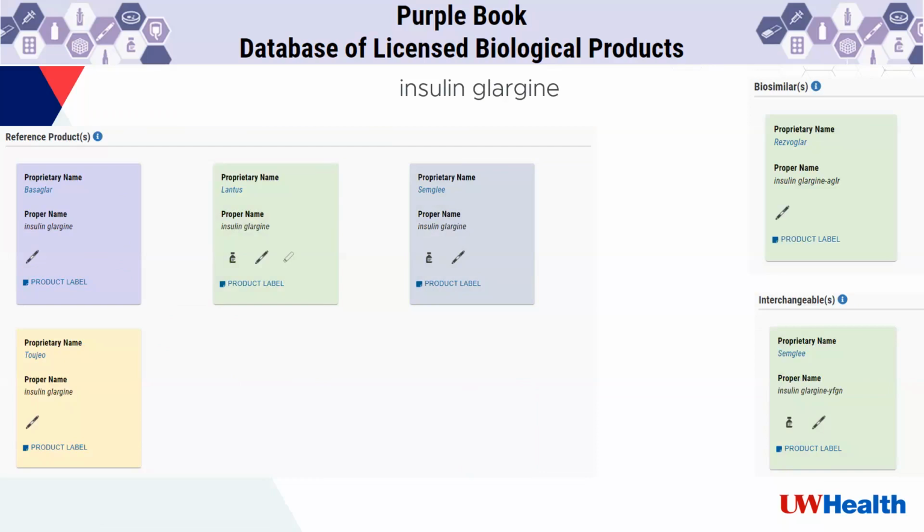We see that the insulin glargine-aglr and the Semglee are both green, which means that they're only biosimilar and interchangeable for Lantus, and that you are not able to use these products for Basaglar or Toujeo or anything else, as they're very specific to those products. Whereas on the Humira slide, everything was purple and everything was interchangeable with each other. So that's just another way that the book designates which things can be traded in for each other.